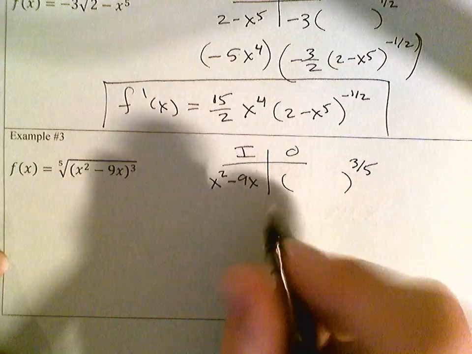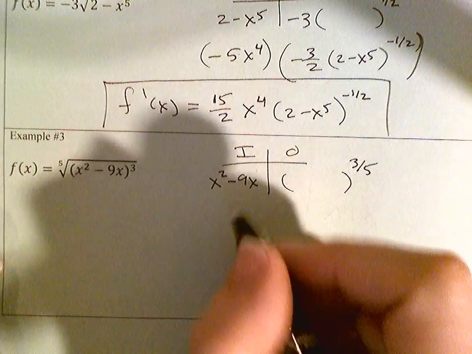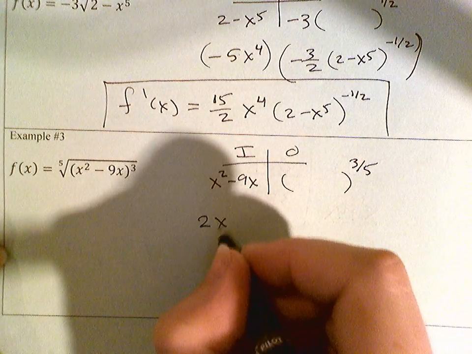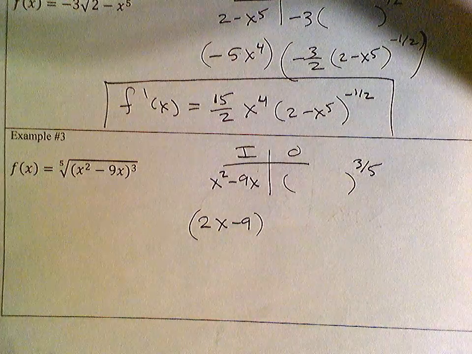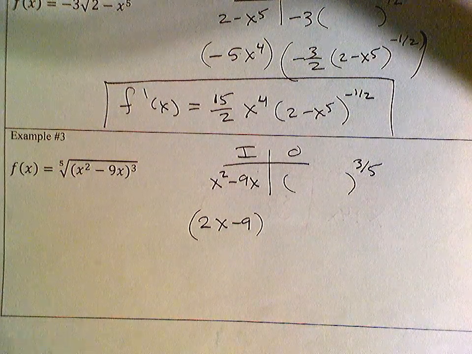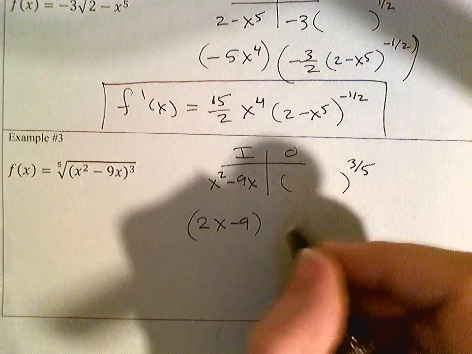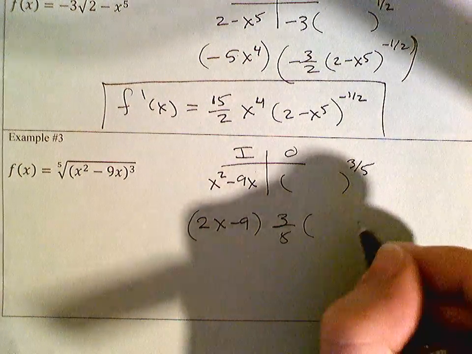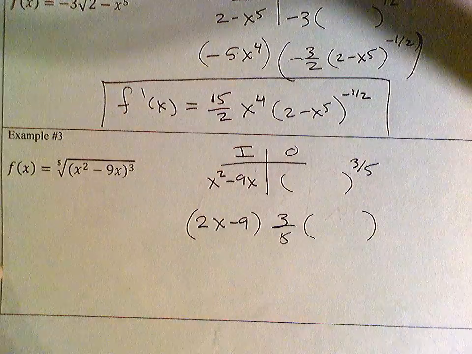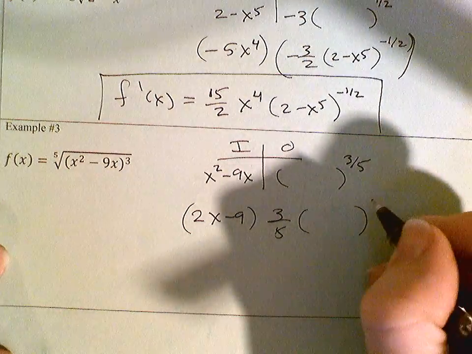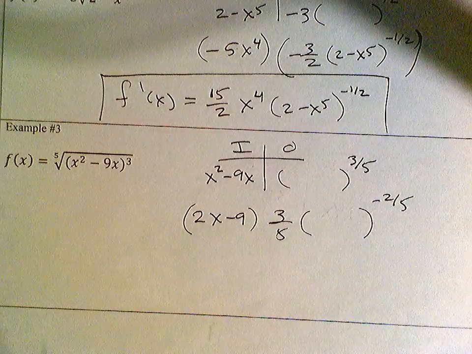Now I can go derivative of the inside, derivative of the outside. The derivative of the inside function is 2x minus 9. There I do need parentheses because it's a binomial. And then power rule on this, 3/5 comes out to the front, blank to the 3/5 minus 1. 3/5 minus 5/5 is negative 2/5.